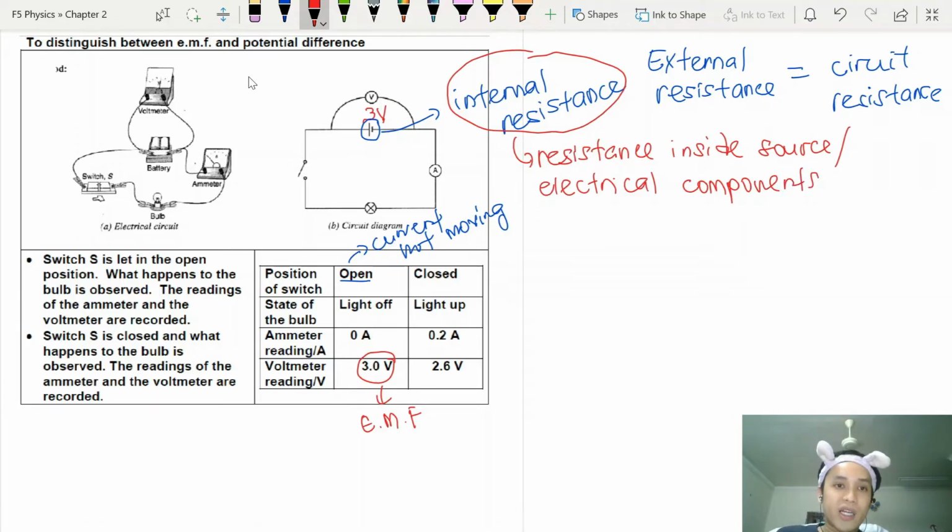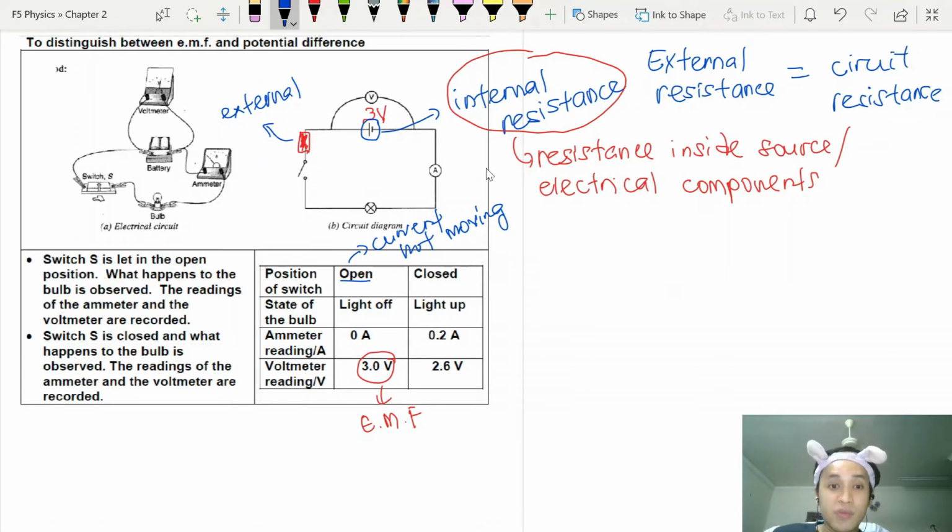Let's say if I draw that you have one resistance here now. Normally resistance we draw as a rectangle. So this one is external resistance.